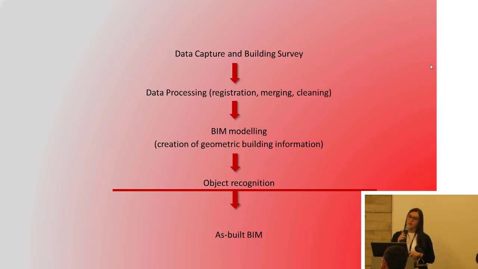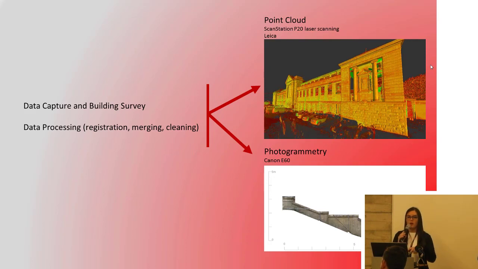For existing buildings, there is another step that I used to have. That is object recognition. What is this? The difference between a new building and a historic one is in the details. When you are designing a new building, a new construction, you can have a wide library available online of elements, doors, windows. A lot of elements are already available, the NBS library, a lot of libraries already online.